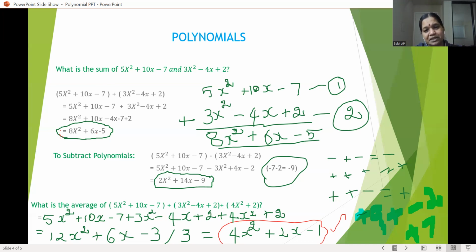In multiplication, I already told you in the previous slide: minus into minus is plus, plus into plus is plus, minus into plus is minus.